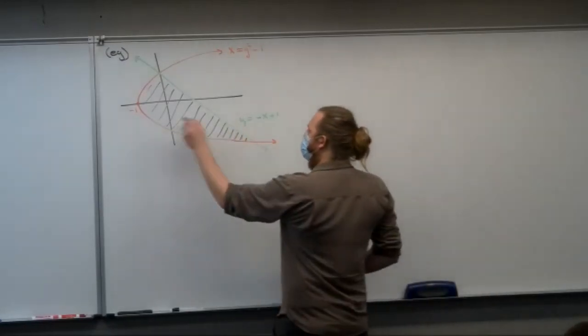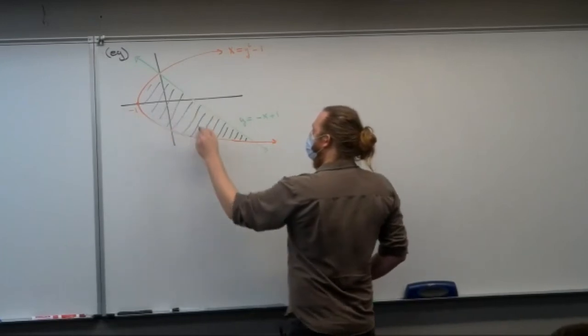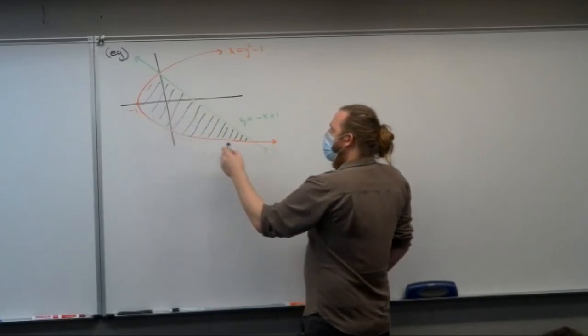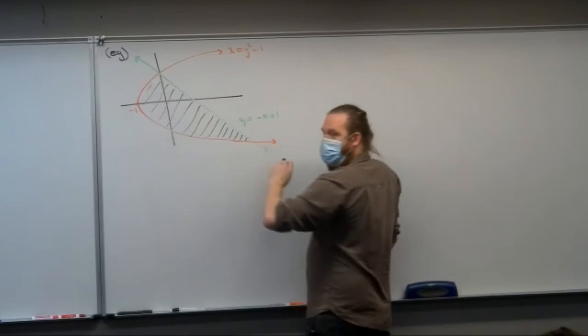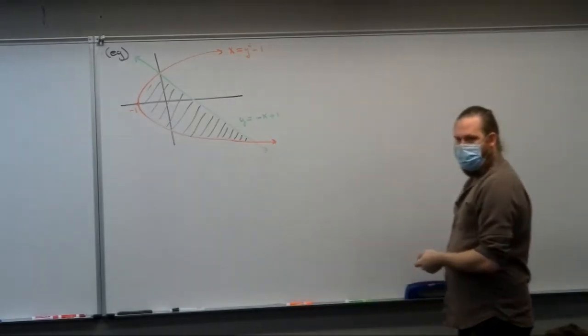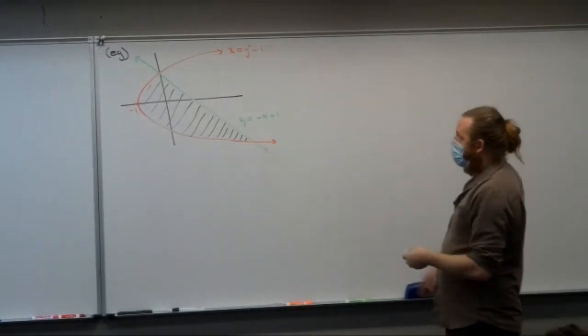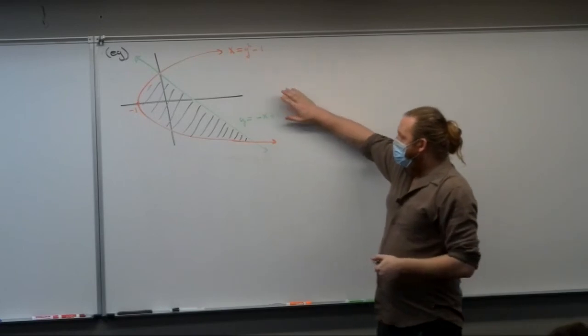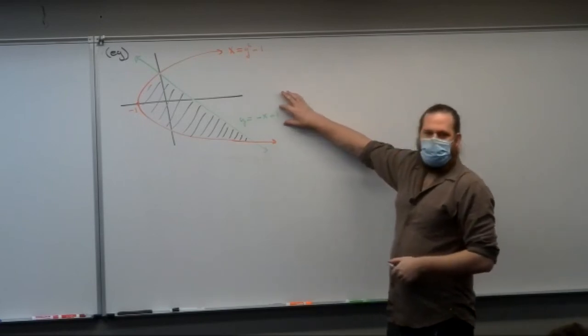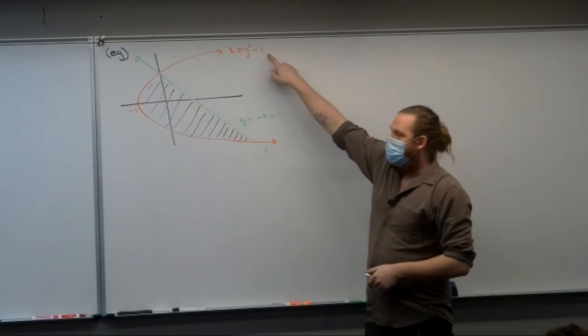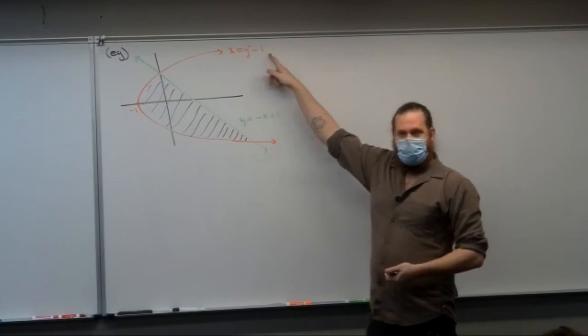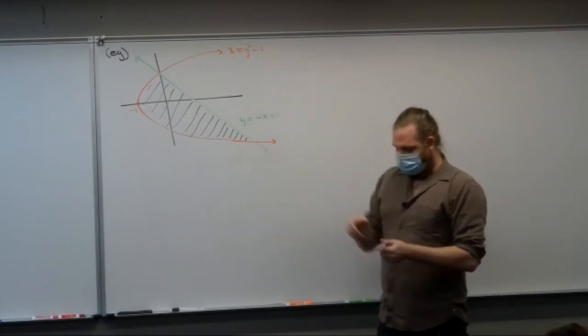To think of it as a right minus left thing instead of an upper minus lower thing. The green curve is always lying to the right of the orange curve. And if I want to do the right minus left thing, that means I have to solve this for x, which is much easier than solving this for y, which is what I would need to do the upper minus lower thing.